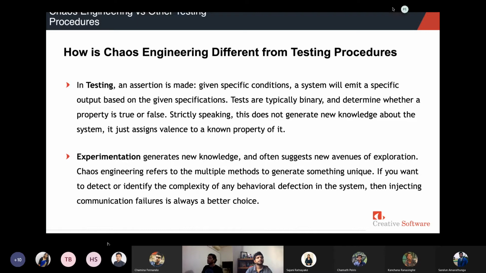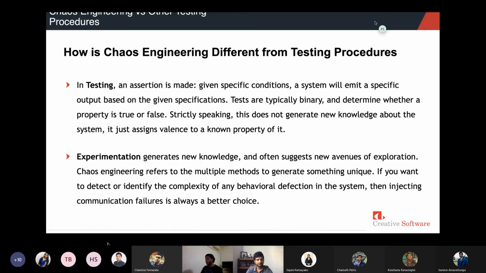So we will discuss how these chaos engineering concepts are different from normal testing. Testing is an assertion that is made on a specific condition, where we expect a certain outcome, and it only works to test whether the code that we have written is doing what we intended.